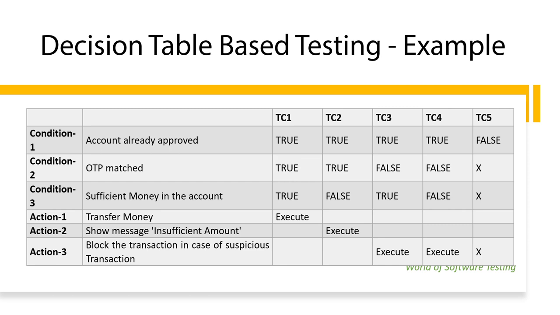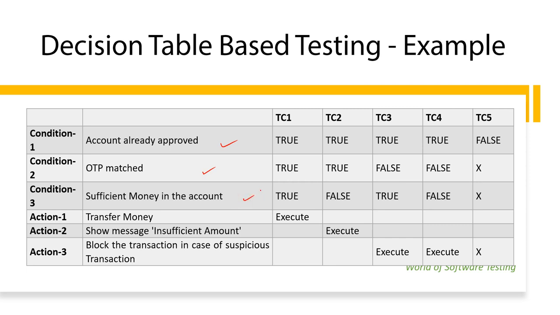So consider the example of online money transfer to an account which is already added and approved. Here the conditions to transfer the money are: the account is already approved, the OTP matched, and there is sufficient money in the account.